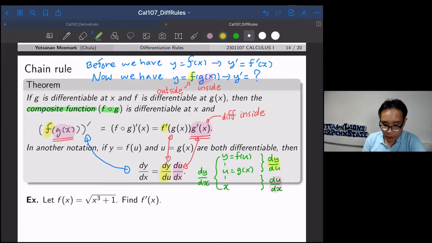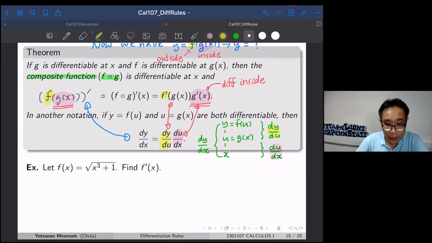So that's my dy dx. I'm going to talk about this later, but let's practice one example.